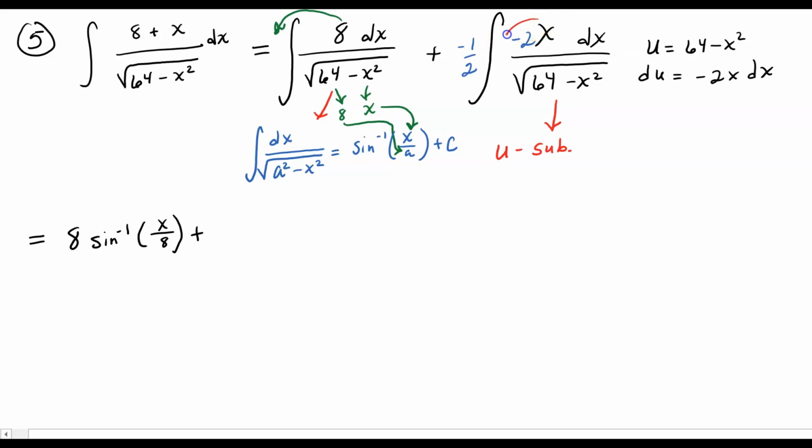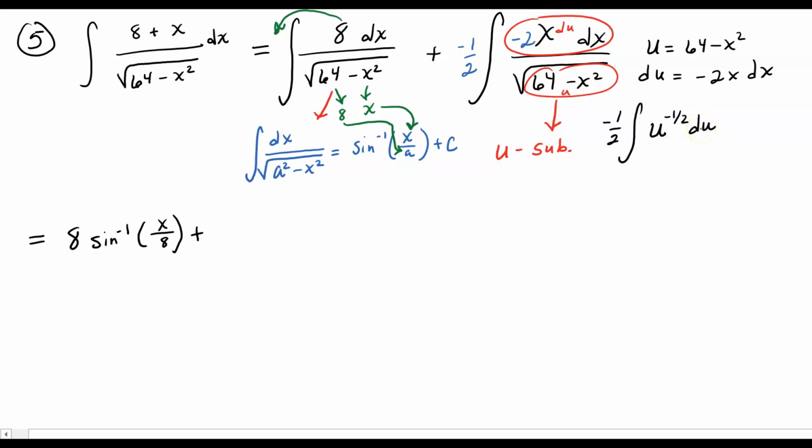This right here represents my du, and this right here represents my u. And now the integral that I'm working with is a square root in the denominator. So it's going to be something like this: a negative 1/2 on the outside, and then it is u to the negative 1/2 because it's a square root in the denominator, and then of course du.